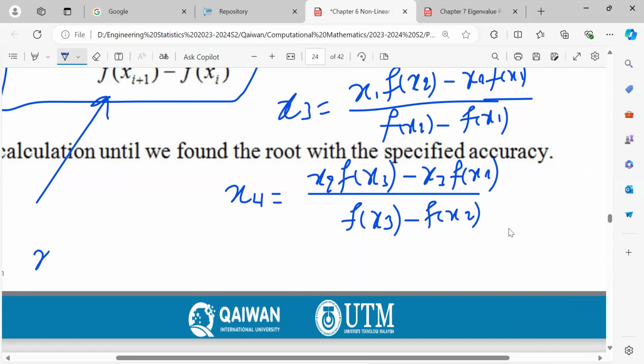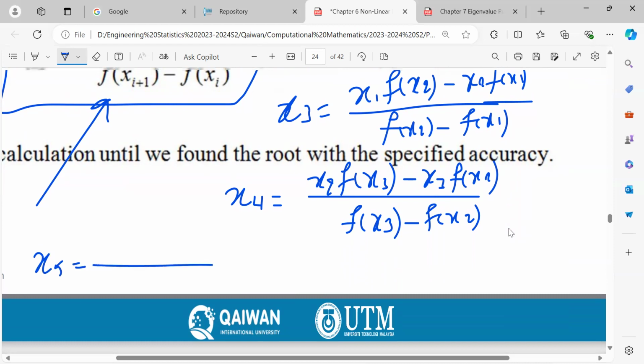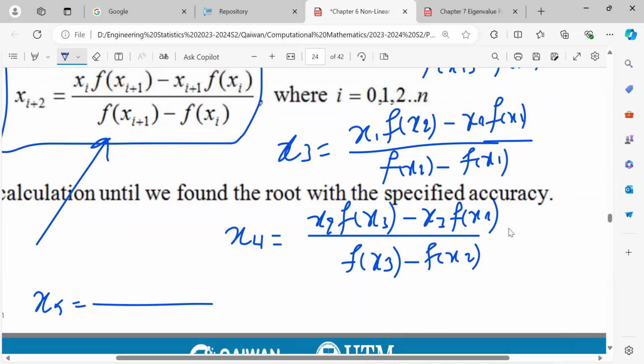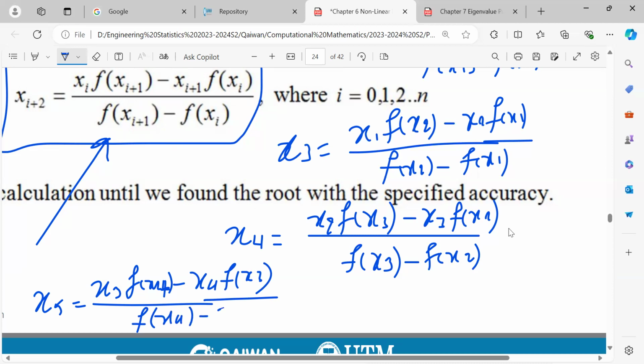Here, x5 is x3 f(x4) minus x4 f(x3), divided by f(x4) minus f(x3), and so on.